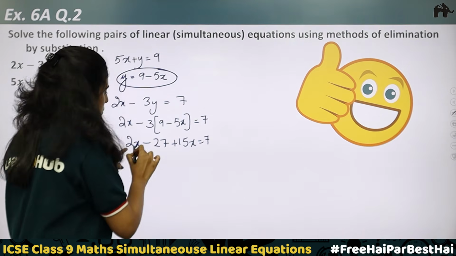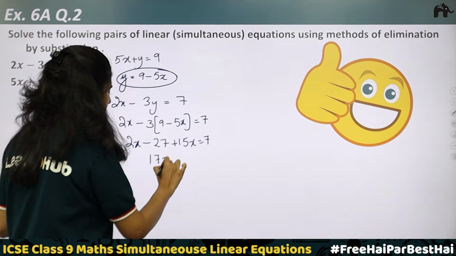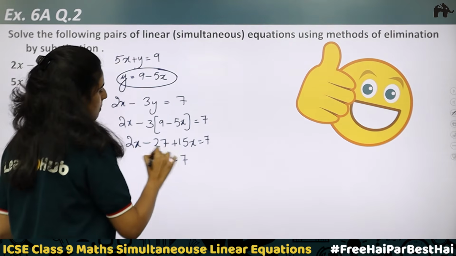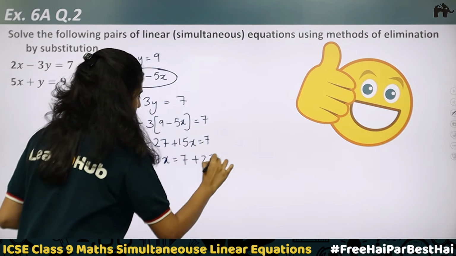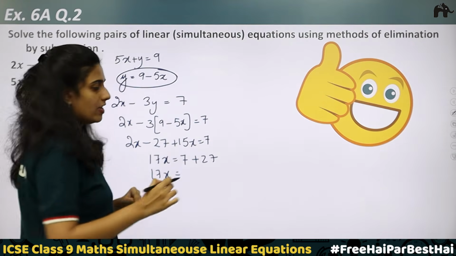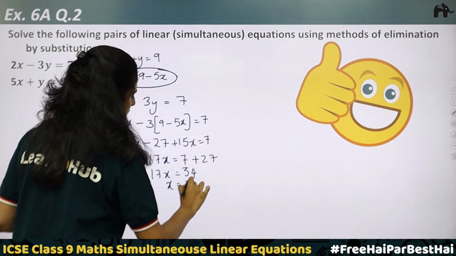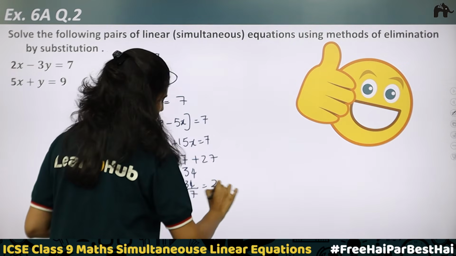Okay. So 2x plus 15x is 17x, which is equal to 7 minus 27 taken to the opposite side, you get plus 27. Okay. So 17x is equal to 7 plus 27, which is 34. And x is equal to 34 divided by 17 equal to 2.